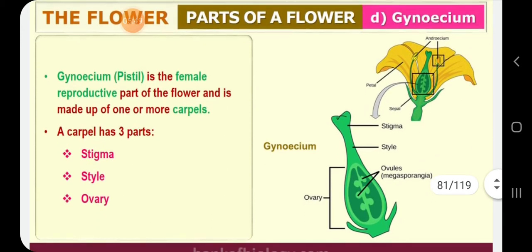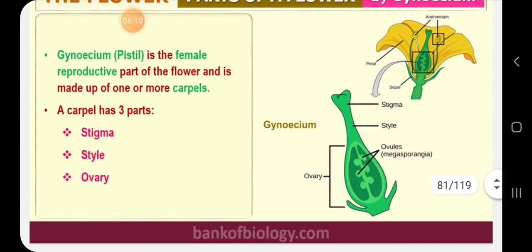Now comes the gynoecium. We have already talked about the position of the gynoecium. The gynoecium, or pistil, is the female reproductive part and is made up of one or more carpels. It has three parts: stigma, style, and ovary.